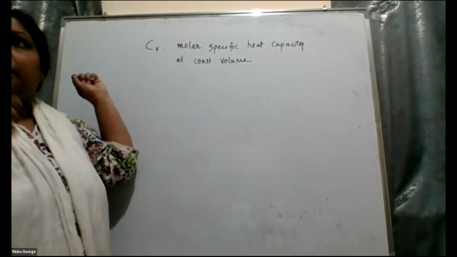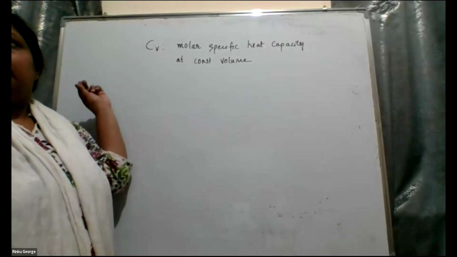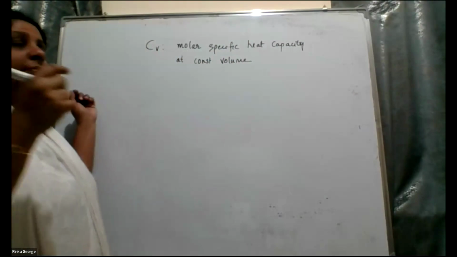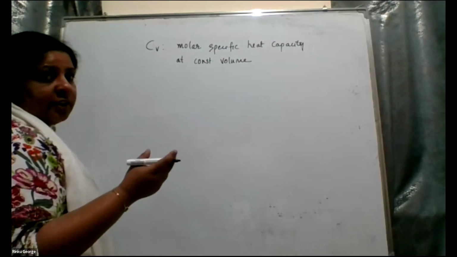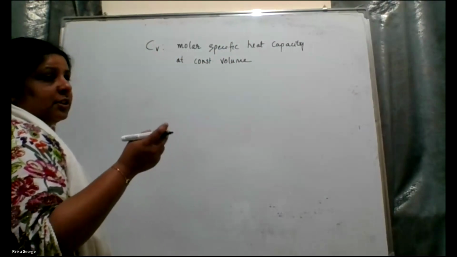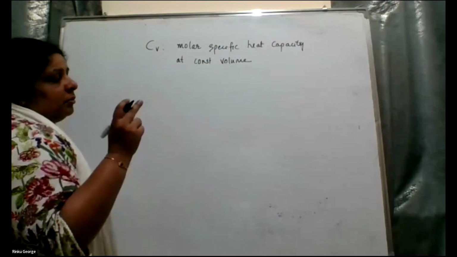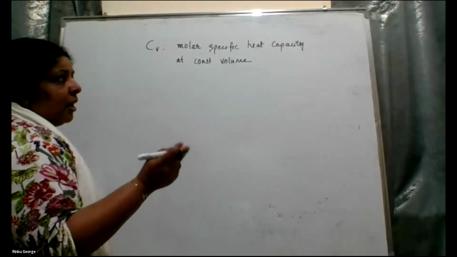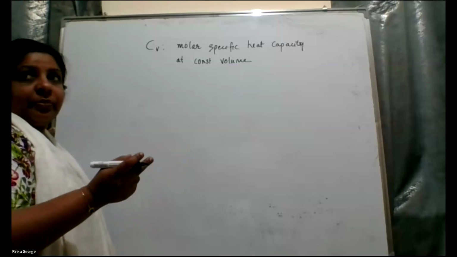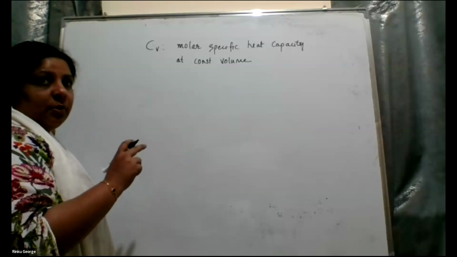If you want, you can write the definition. It is the amount of heat required to raise the temperature of 1 mole of this substance by 1 Kelvin at constant volume. Okay, this is applicable for constant volume.